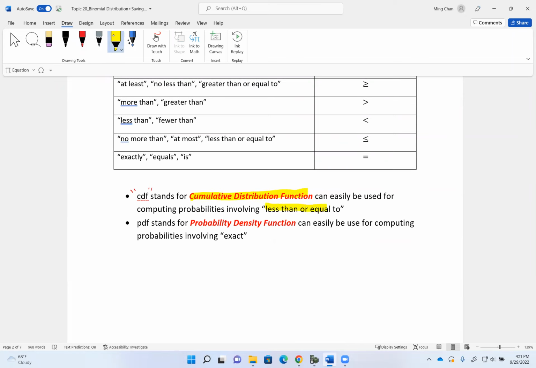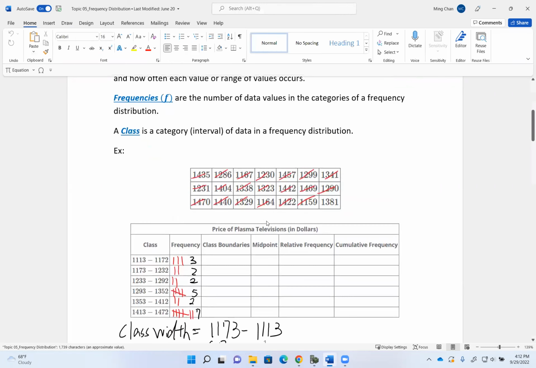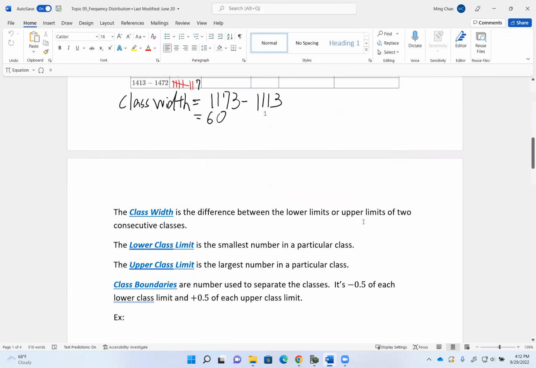The word cumulative, we actually learned a long time ago, at the beginning of the semester, in topic number 5, when we talked about frequency: cumulative frequency. Cumulative frequency means we add it up. See the cumulative frequencies in the notes we took.